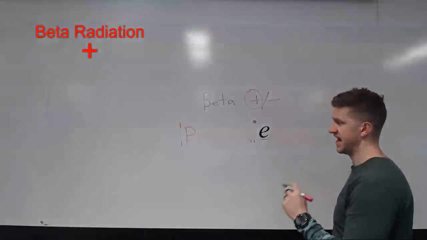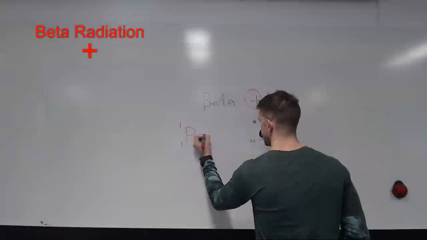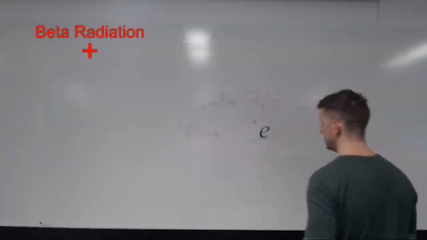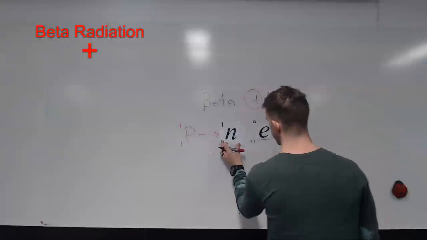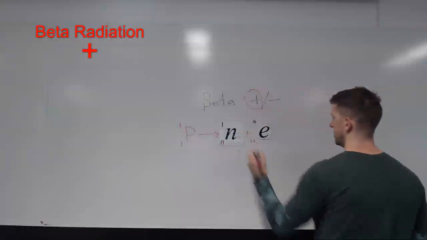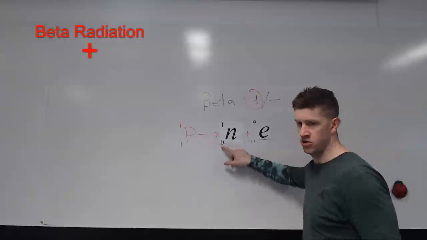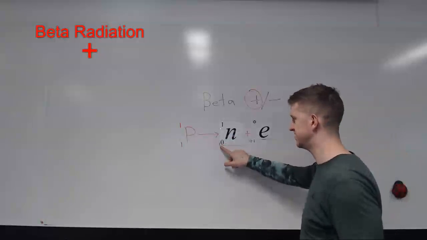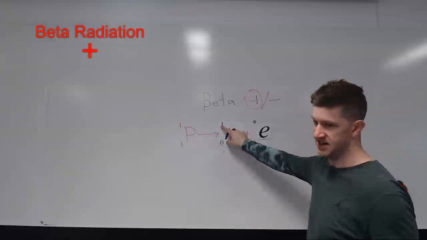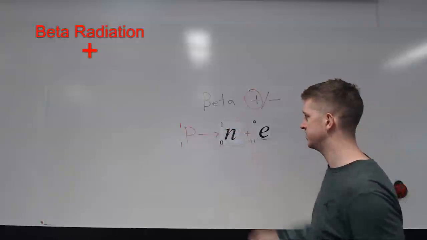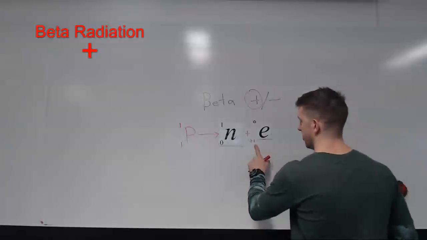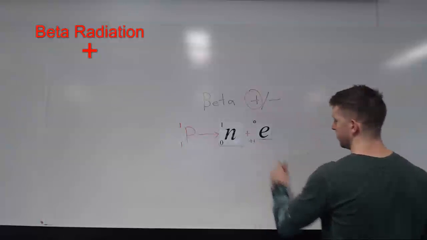It has one proton and it has no neutrons, so just 1, 1. In beta plus decay, a proton splits into a neutron plus a positron. So a neutron has no protons, so it has a 0 atomic number, but it is a neutron, so it has a 1 up here for its mass number. And then I've got my 1 here in my positron.